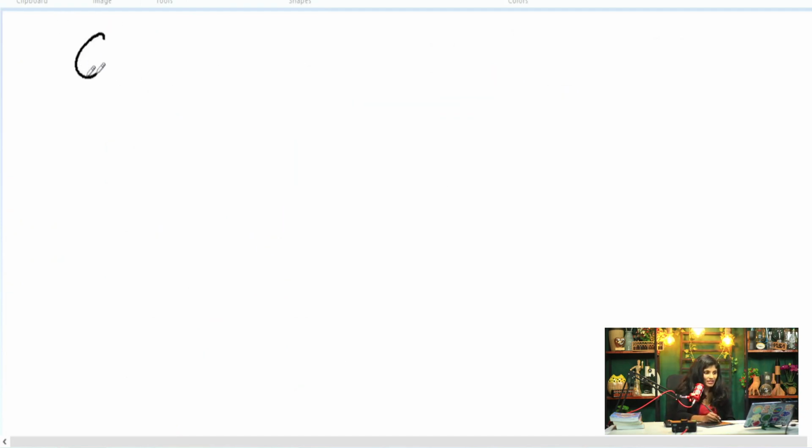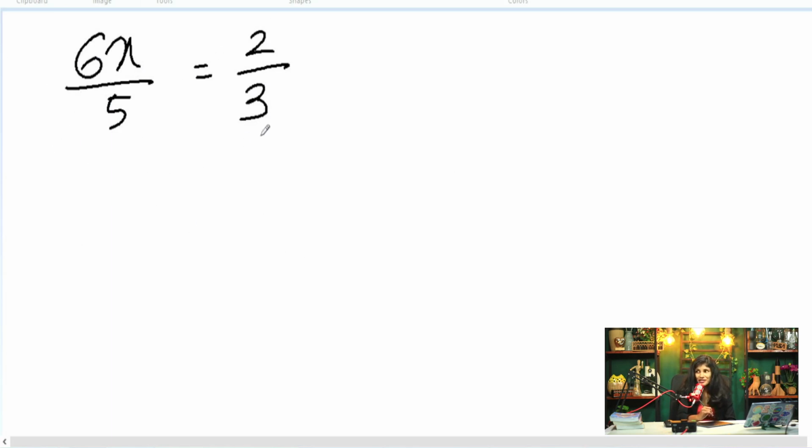And our next question is 6x over 5 equals 2 over 3. Now in this question, we cannot simplify the denominator, but just look, we can simplify the numerator, right? So I'm going to simplify the numerator. 2 times 1, 2 times 3.